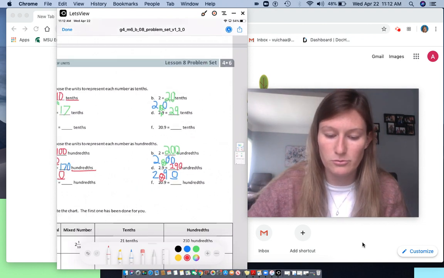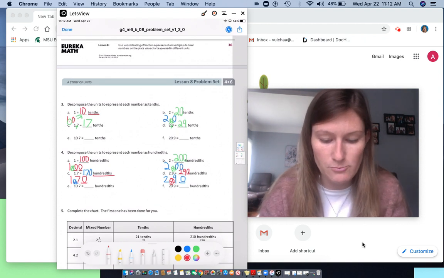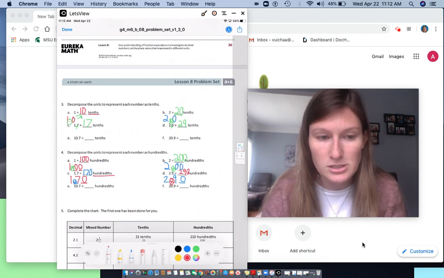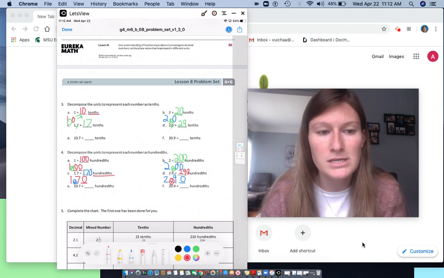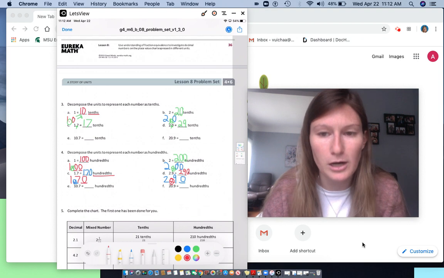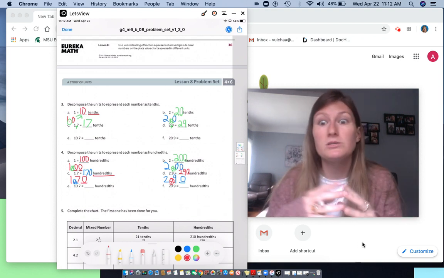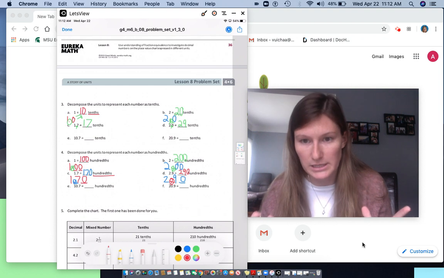So even if you look at 3 and 4, you can see we have almost similar answers. But the only difference is that you have to add an additional 0 for A, B, C, and D because we're dealing with the hundredths place.